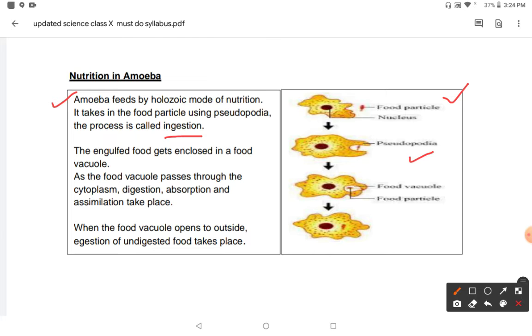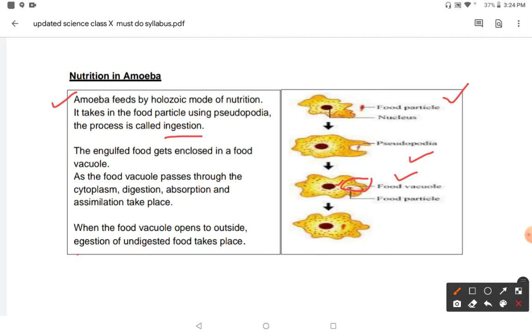When the engulfed food gets enclosed in the food vacuole, this is the food vacuole engulfed by the amoeba, and as the food vacuole passes through the cytoplasm, digestion occurs, absorption occurs and assimilation takes place. And when the food vacuole opens to the outside, egestion of the undigested food takes place.